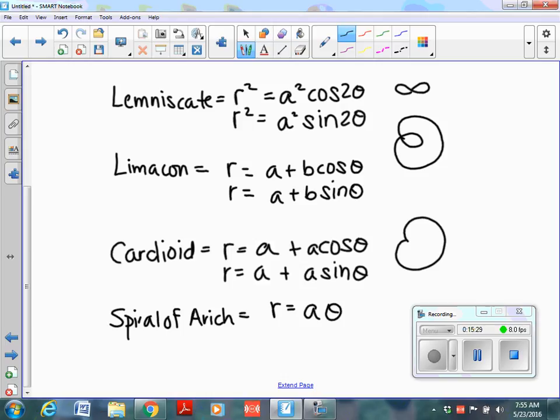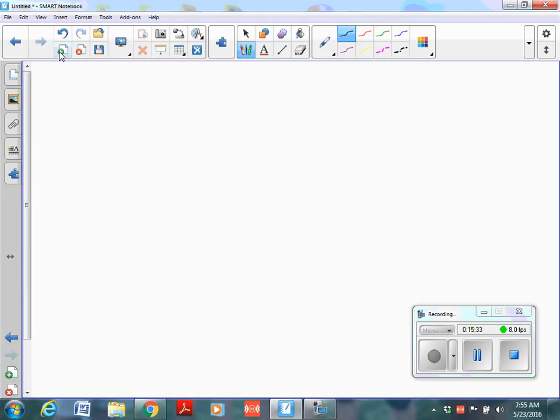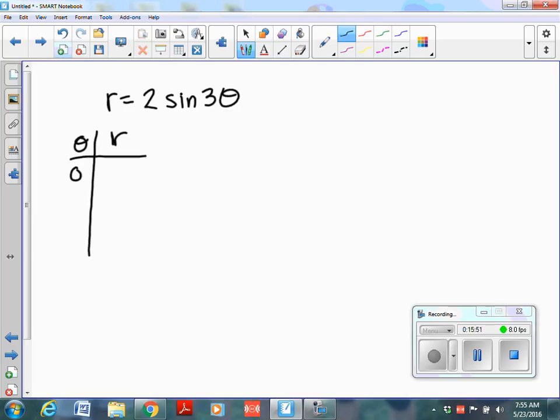So, back in the old days, I would give you a formula, and let's say I gave you r equals 2 sine of 3 theta. And all you did was make a theta and an r chart. You started out with 0, and this is 30, this is 60, this is 90, this is 120, 150.